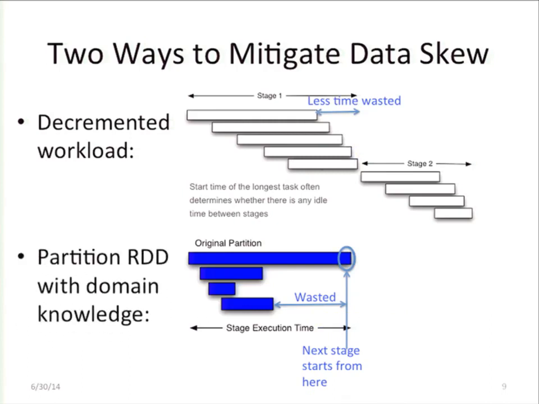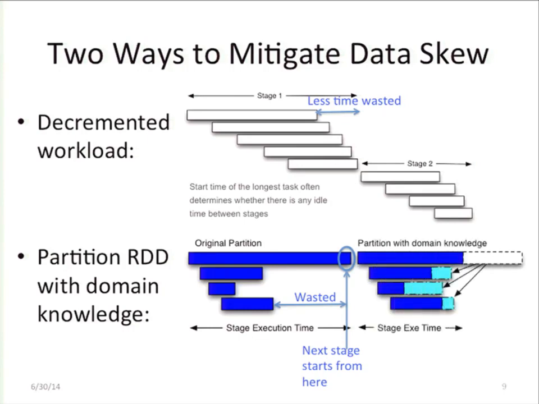And the second way we do it is partitioning the RDD with domain knowledge. With domain knowledge, we can make sure that each slice will contain almost similar computation complexity. So in this way, we will do the partitioning more wisely.